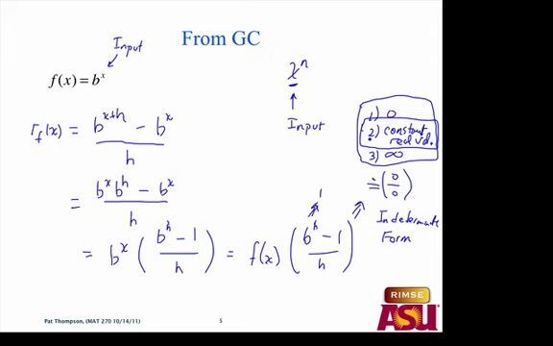So let's take a look at it graphically and see if the graph confirms this. Any questions? Here's the review: what we're finding with an exponential function is that its rate of change function is the original function times some constant.